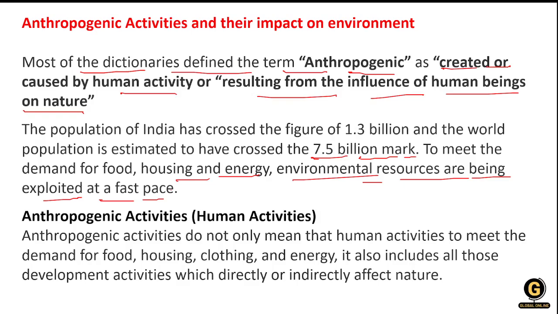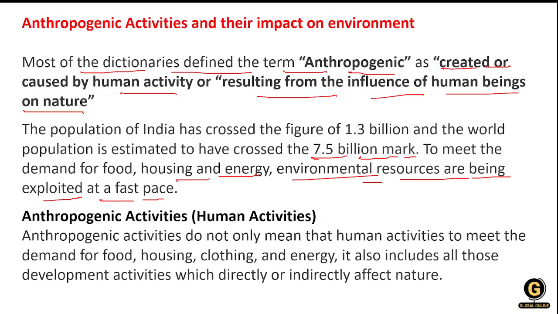So basically, for standardizing the living of humans, humans are interacting with the environment and taking help from it. And in that condition, humans are making the environment worse, and the environment is showing the negative side of that. Clear?